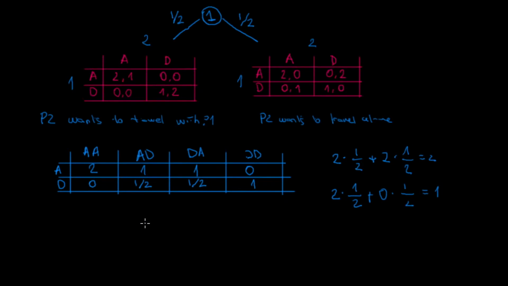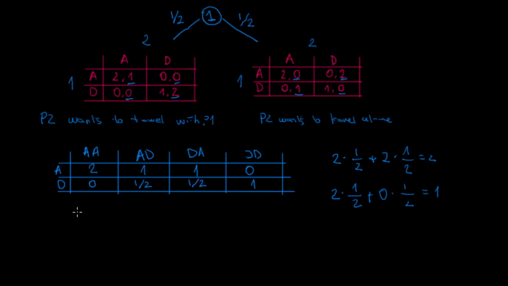Now, which are the payoffs for player 2? The best response for player 2 is always the second number, these ones. As I said, player 1 has only one type, and player 2 has 2 different types.